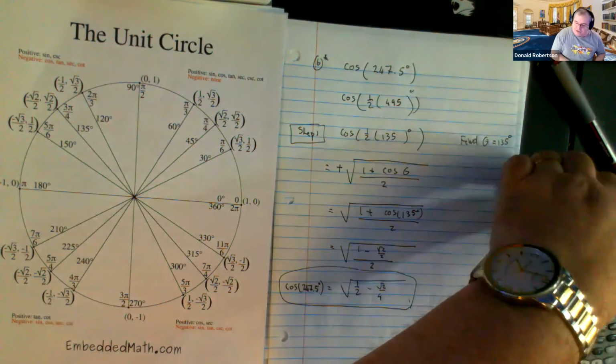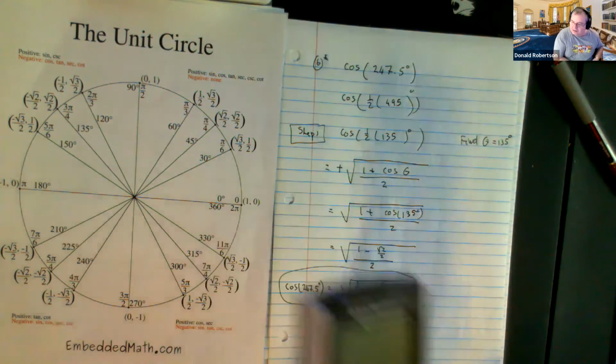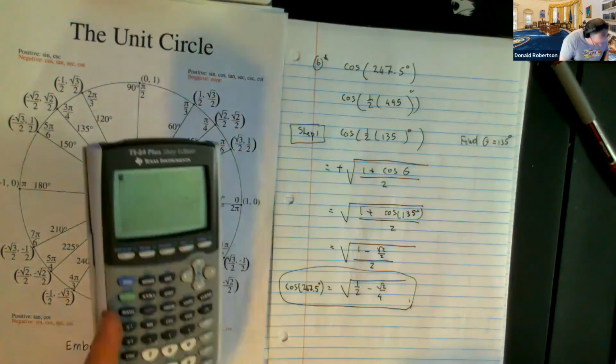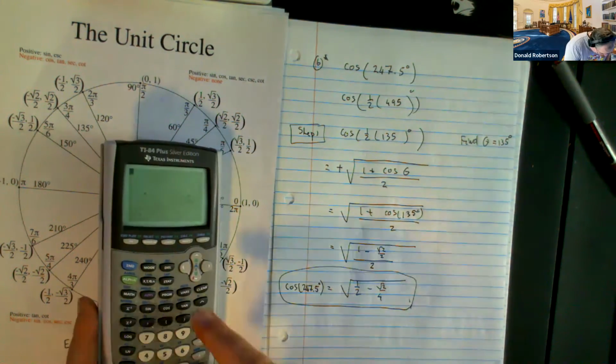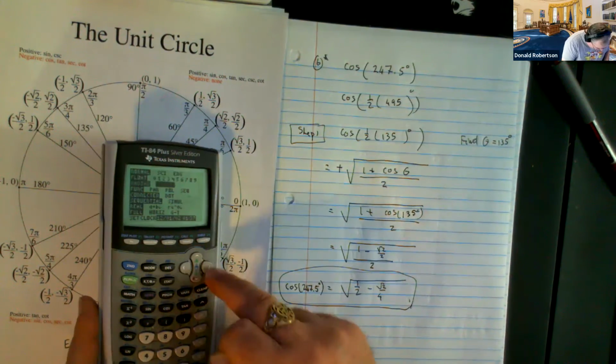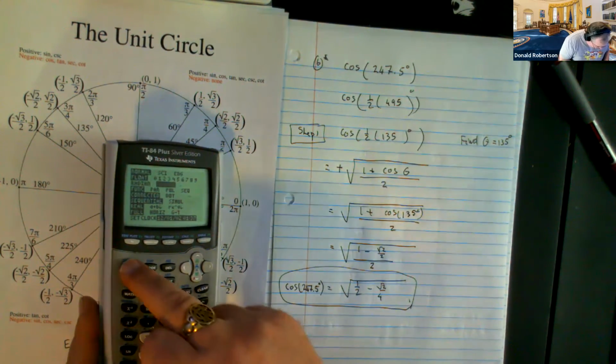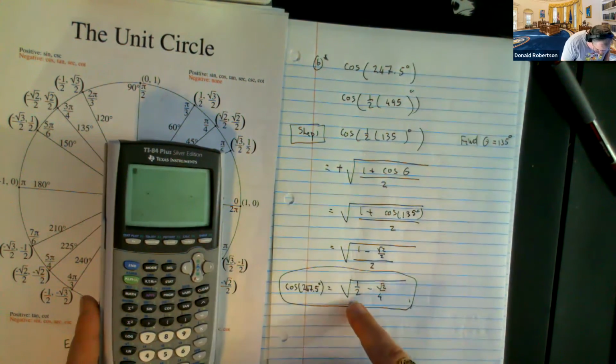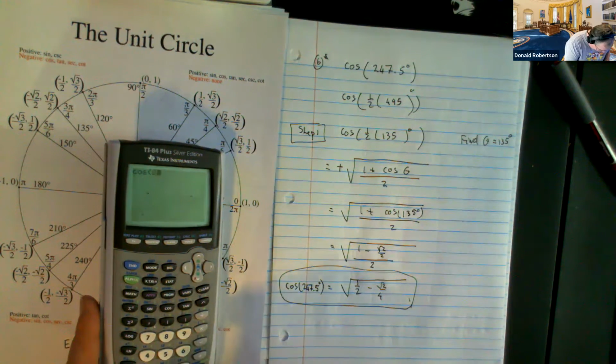If I've done this right, shouldn't I be able to do it in the calculator and check? Okay, make sure I'm in degrees, which I am. And I'm now going to find the cosine of 247.5, and I get that ugly decimal.